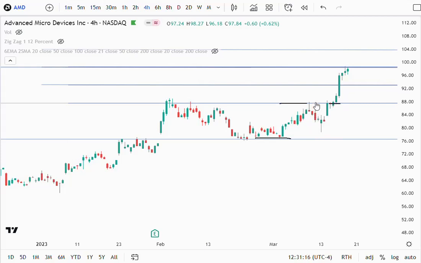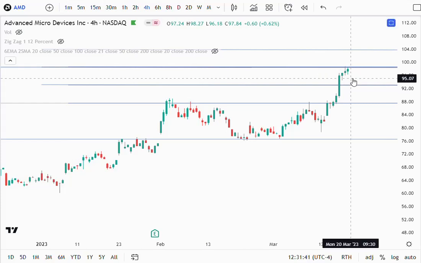If you take this distance and double it, you get to where AMD is right now. So effectively it has now completed the move. Once it trades in a range, because you can see it traded inside this range for a long period of time, once it breaks out of that range, you can expect a move equal to that. So it has now completed it.